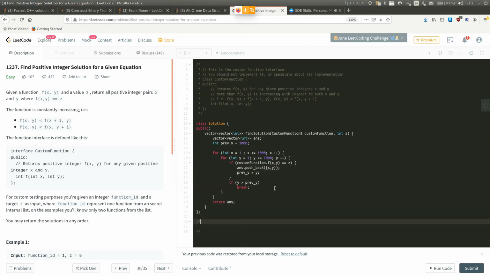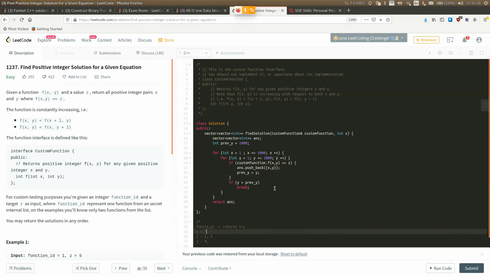That's it. If I take an example, let's assume the function returns x plus y. If my value of i is 1, and we are expecting z as 5, if I try with j as 1, I'll not get the answer. I'll try 2, 3, and then 4. At 4, I'll get the answer. So my i will start from 2.